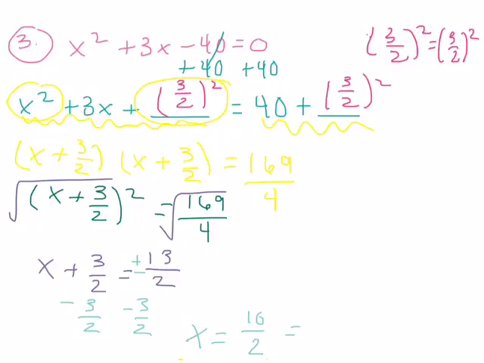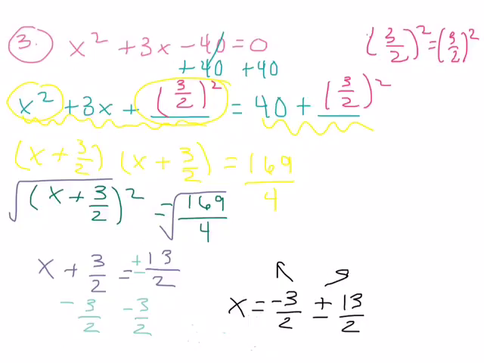So actually, when we move it over, because it was a perfect square, we get x is equal to negative 3 over 2 jumping in front of the plus or minus 13 over 2. So we just separate it, going above because I ran out of room.